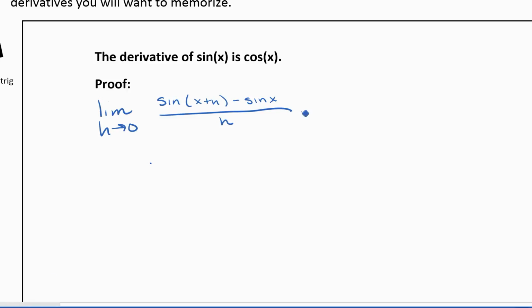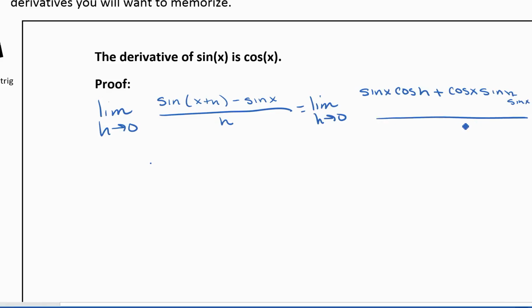So sine of x plus h, well first we'll write this limit as h goes to 0. Sine of x plus h is equal to sine of x cosine of h plus cosine of x sine of h. And then we're subtracting sine of x, and this is all over h.